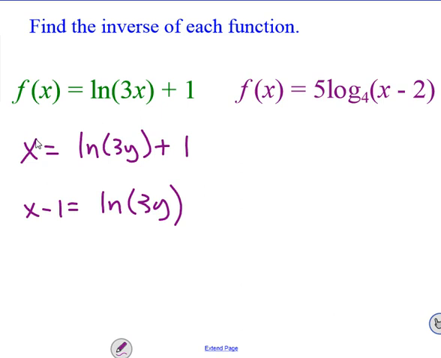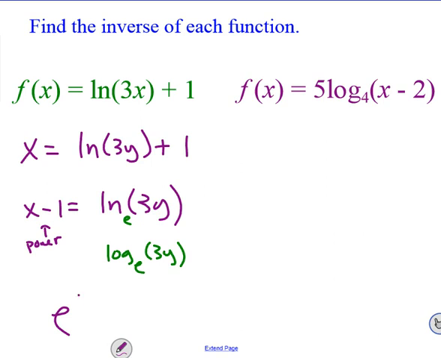So now I am at the point where I have to undo the ln, and to do that we go exponential. And hopefully you remember that ln means there's a little hidden base e, because ln of 3y is the same as log base e of 3y. So as I go exponential, I take my base to the power. Remember, logs are powers.